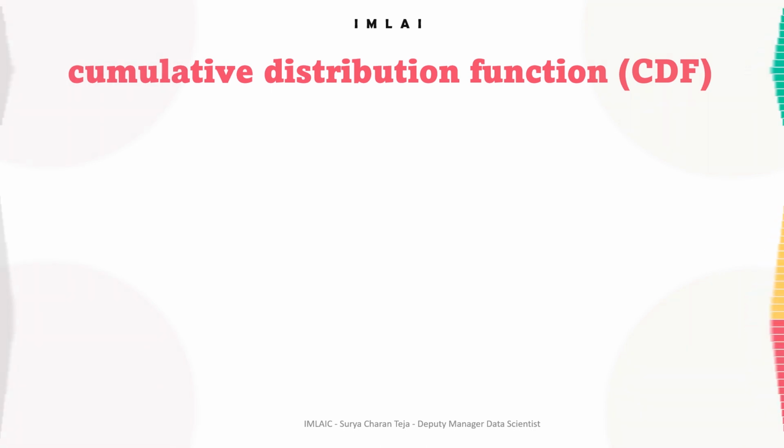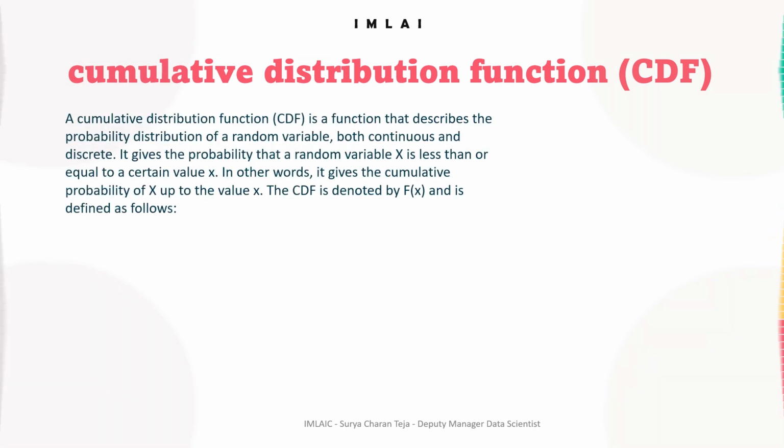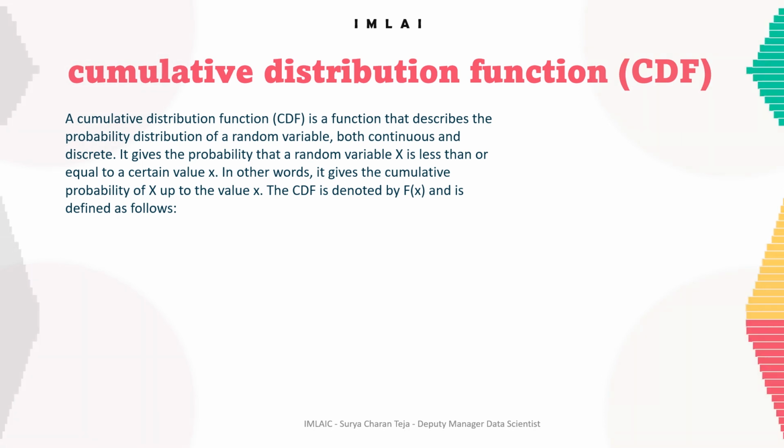The CDF gives the probability that the value of the random variable is less than or equal to a given value. And most importantly, it gives the cumulative probability of capital X, that's the random variable, up to the value small x. The CDF is denoted by capital F of x and is defined as follows.